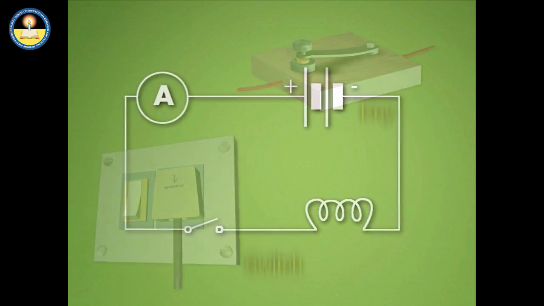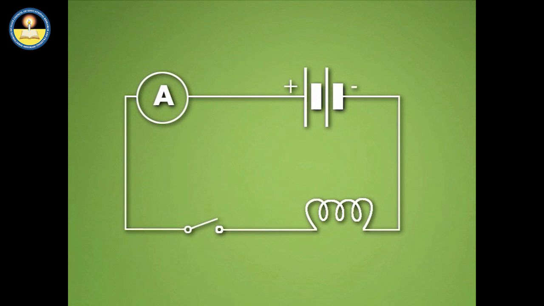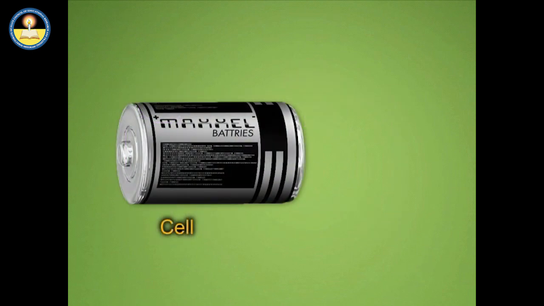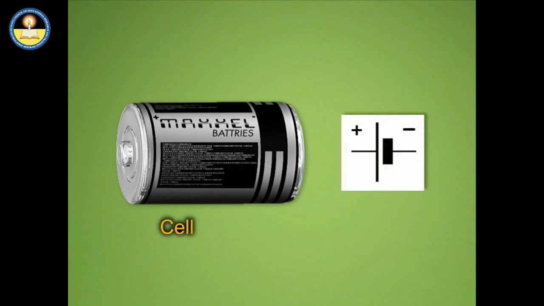However, conventional symbols or pictograms are used to represent an electric circuit. For example, a cell is represented by two unequal parallel lines, in which the larger line represents a positive terminal and the smaller one represents a negative terminal of the cell.